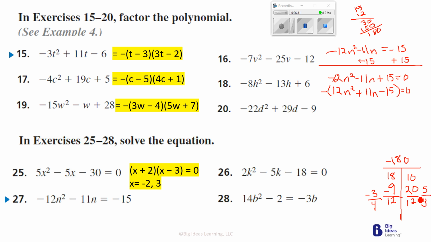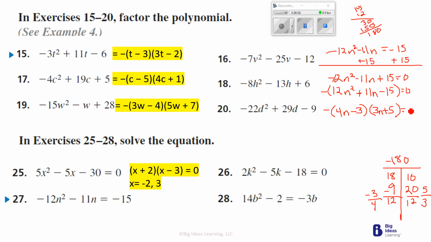And now I have everything I need. The negative is going to stay there, right? Then I've got, well, negative 3 would be my constant. That 4 would be my coefficient. 5 would be my constant. That 3 will be my coefficient.